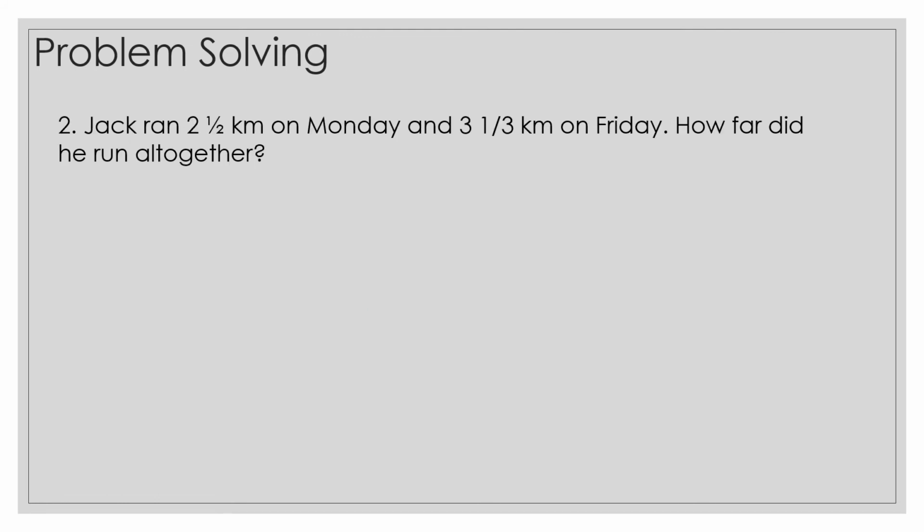Problem number 2. You can pause your video. Let us check. Jack ran 2 1/2 kilometers on Monday and 3 1/3 kilometers on Friday. How far did he run altogether?